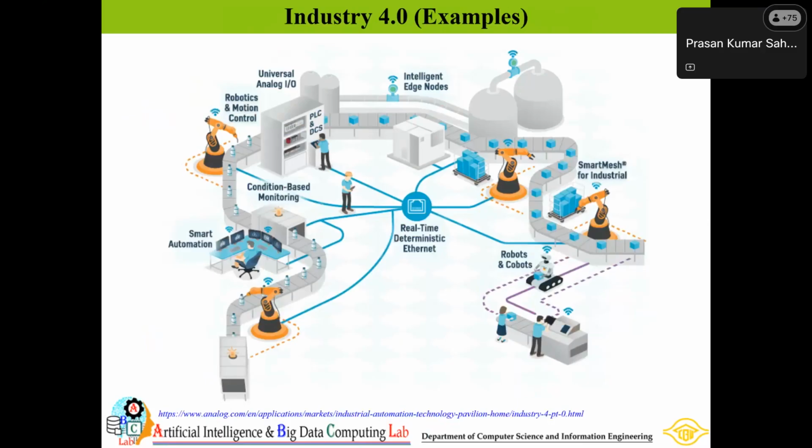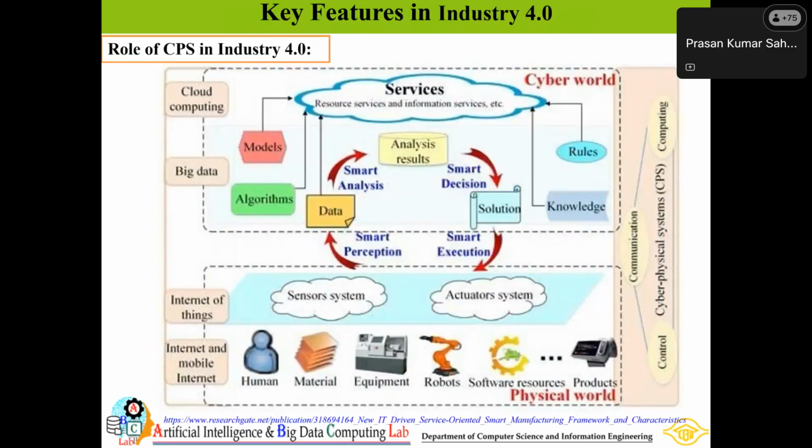On a real-time basis, the data can be collected and the devices can be monitored. And we can see the role of the cyber physical system in industry 4.0. If we divide it into two parts, the physical world and the cyber world: in the physical world, the internet of things, internet and mobile internet, and in the cyber system, cloud computing, and of course big data plays an important role.